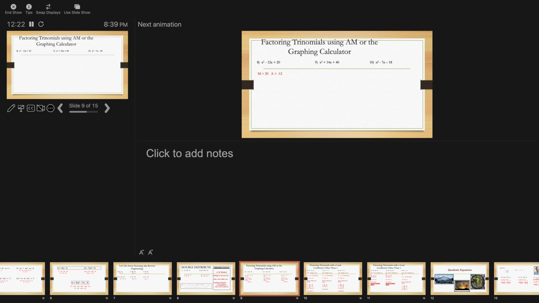So, factoring the first one, 2 numbers multiply out to 20, add up to negative 12. That'd be negative 10 and negative 2. So the factors are x minus 10 and x minus 2. If you wanted to do it on a graphing calculator, I'm looking for 2 numbers that multiply out to 20, add up to negative 12.